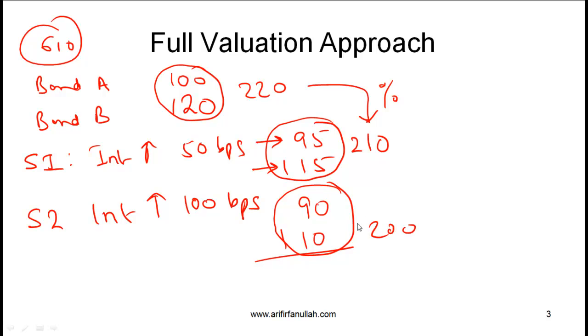These are just made up numbers, but the point to illustrate here is that in the full valuation approach, we simply give the interest rates a shock, which means that we assume that interest rates have increased by 100 basis points, and then recalculate the value of all the bonds in the portfolio, add it up, get our portfolio value, and that essentially shows the impact of potential changes in interest rates.